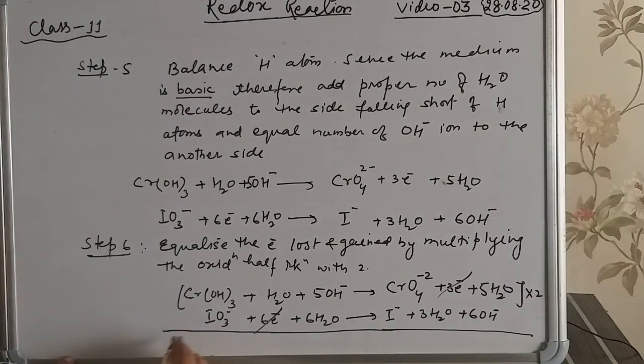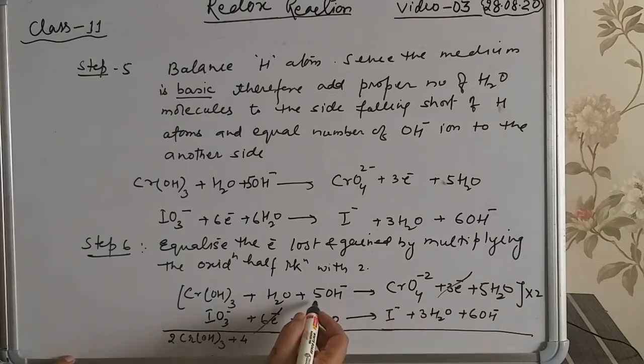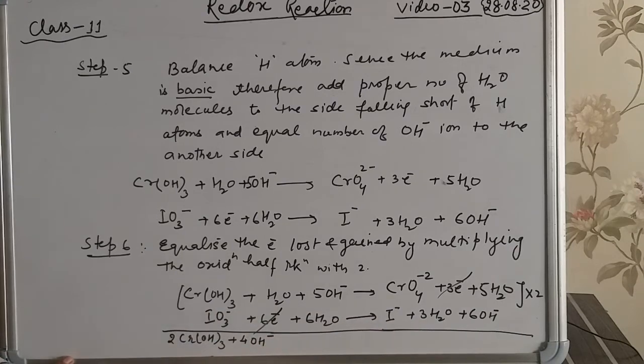Now write this 2 stands for all the species: 2 Cr(OH)3 plus 4, here is the 6 OH- ion, here also 5 OH- ion. So here 4 OH- ion is written on this side, plus IO3-.